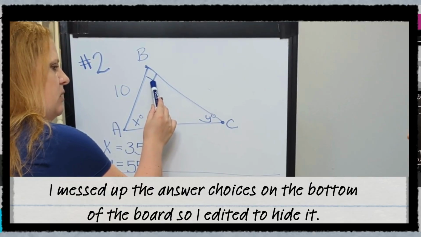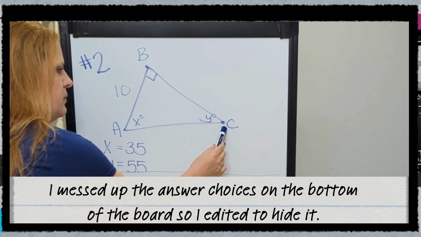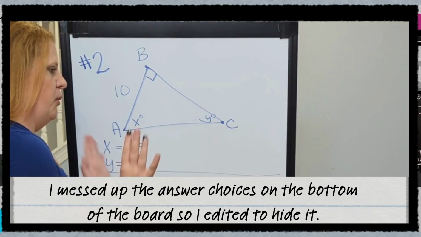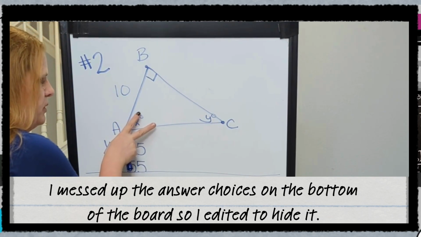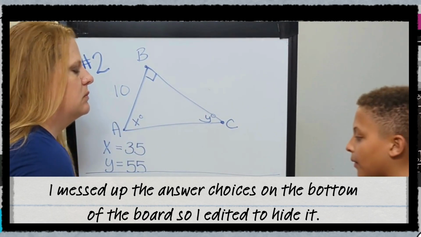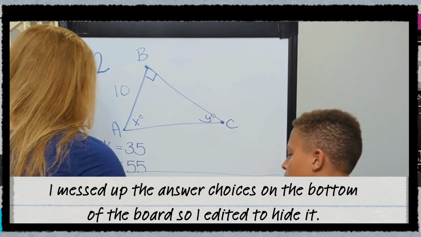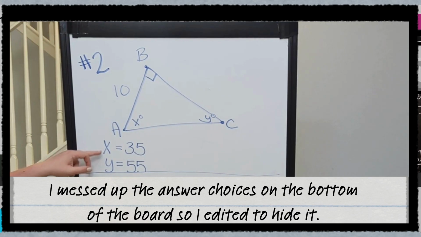The bigger the angle, the bigger the leg that's opposite of that angle. So your biggest angle opens to your biggest side. Your smallest angle opens to your smallest side, and middle. This is how the problems go: they tell us X is 35 and Y is 55.